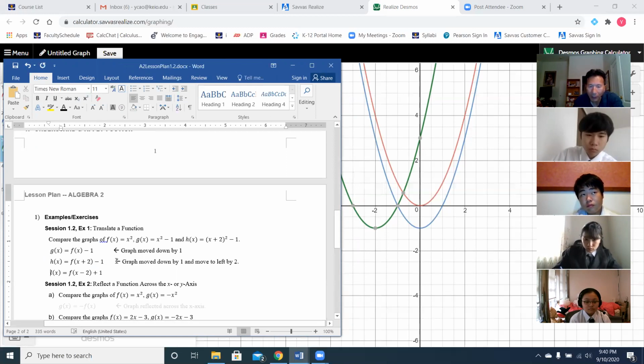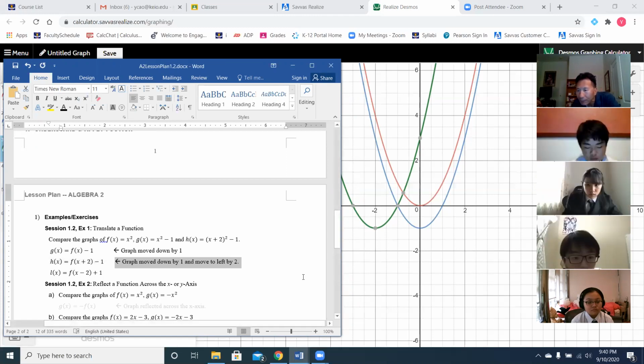If it equals this one, what's going to happen to the graph? Tell me what's going to happen to the graph. You see, plus 2, say it again. The graph moved up by 1 and moved to the right by 2.